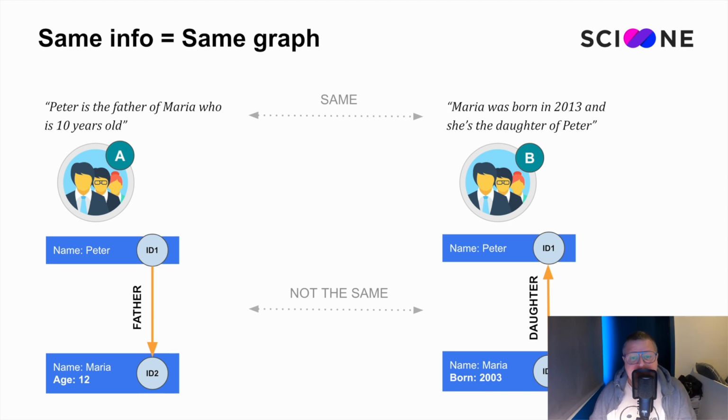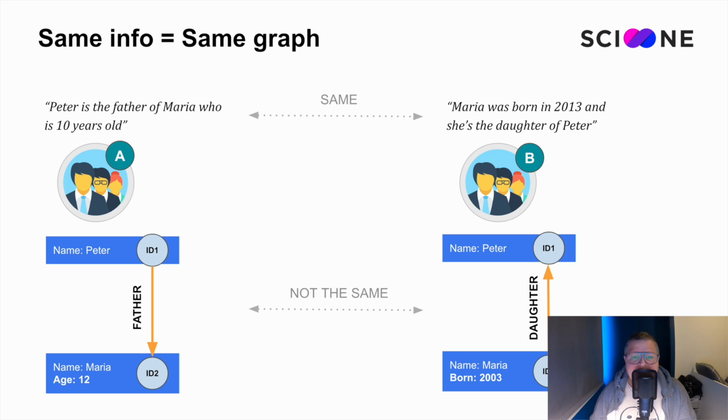Team A receives the following input. Peter is the father of Maria, who is 10 years old. Team B, on the other hand, receives the following. Maria was born in 2013 and she is the daughter of Peter. Clearly we have a problem, as both teams receive the same information, just expressed differently. They should have outputted the same graph.